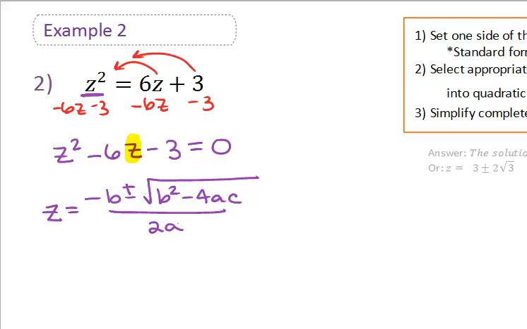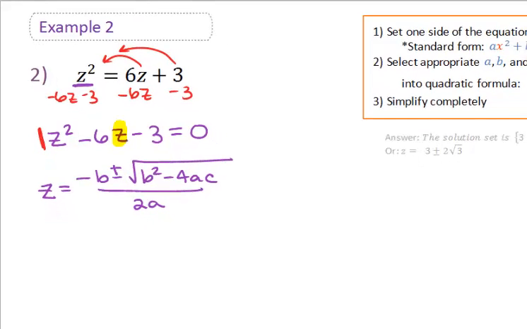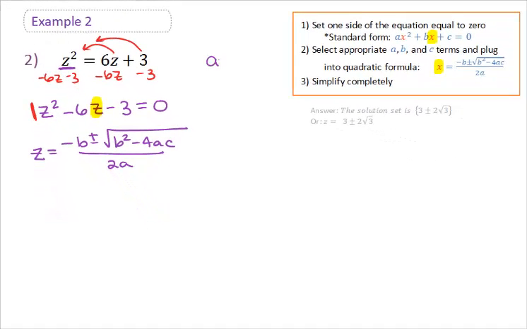Okay, so now I need to plug in my appropriate pieces. So I have my a being my 1 variable out in front here, so a equals 1. And let me color code this. So I'm going to do a in green. So my green is 1. And wherever I see my a's, I'm going to put that 1 in there for it.